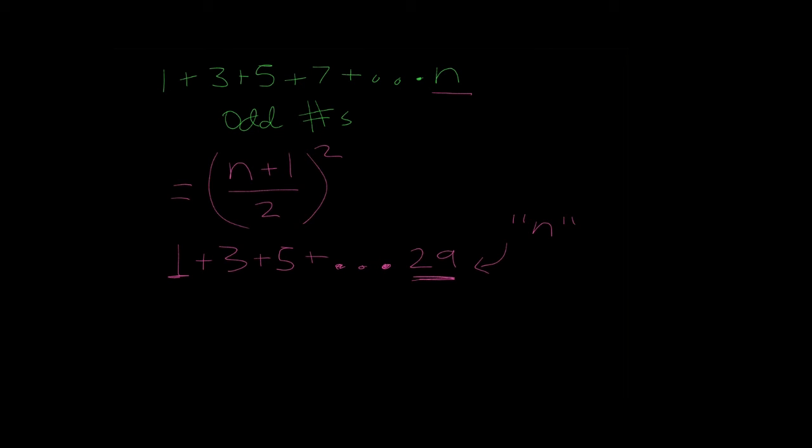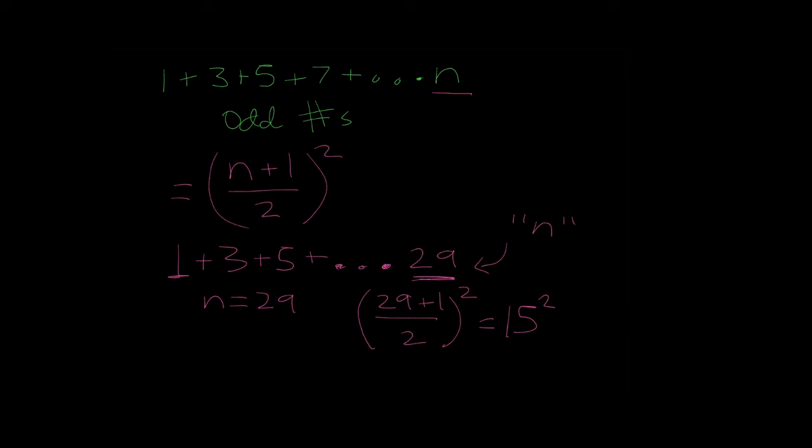So in this case, n is 29. Now that we found what n is, we can just use the formula from above: 29 plus 1, divided by 2, squared. So 29 plus 1 is 30, divided by 2 is 15, and then square all of that.